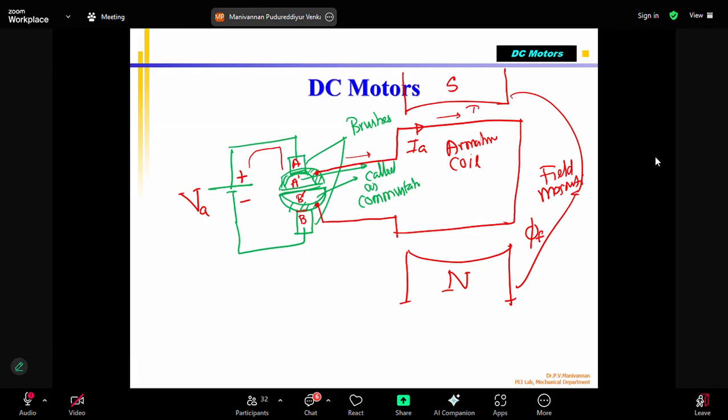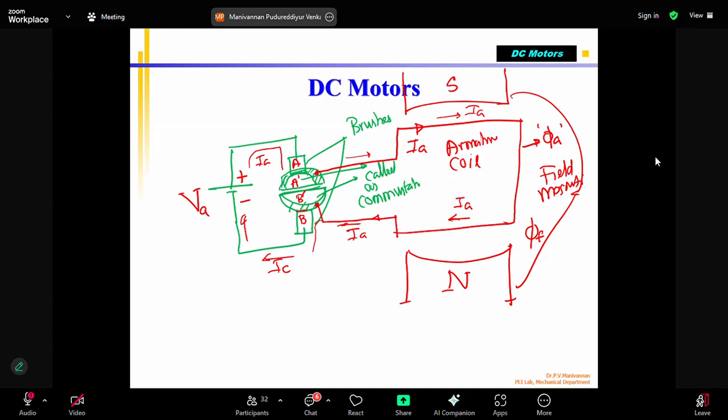The current IA flows and comes back like this, and finally through commutator part B and brush B, ends at the negative terminal. So current flows. Because of that, since current is flowing, phi A is created. That is the armature magnetic field.